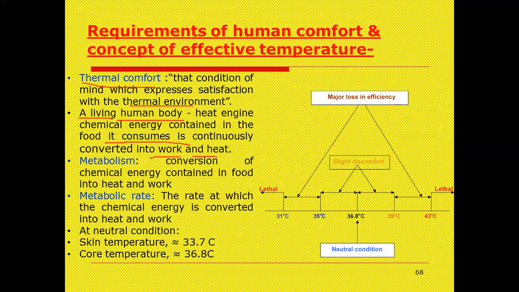Whatever food we are consuming as a human body is converted into heat and work. Metabolism is the conversion of chemical energy contained in the food into heat and work.